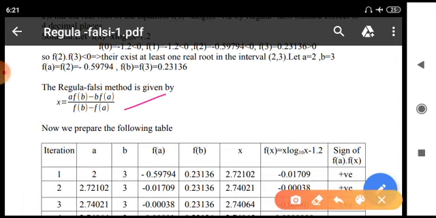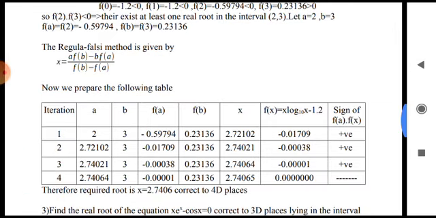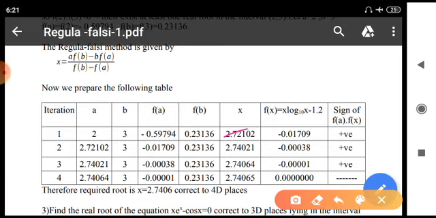If you substitute all these values, that is a, b, f of a, f of b, in this formula, we get x value as 2.72102, and f of x value, that is f of 2.72102, is -0.01709. So again we have to find what is the sign of f of a into f of x.